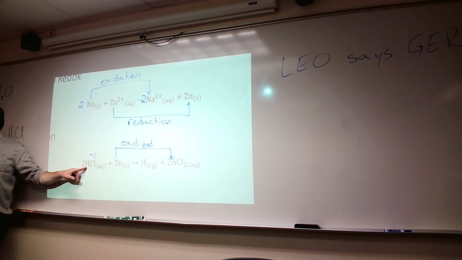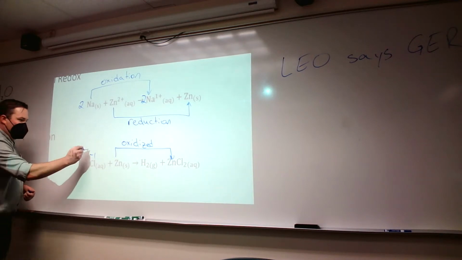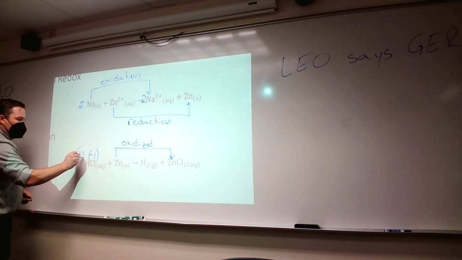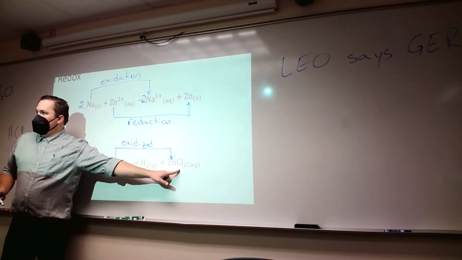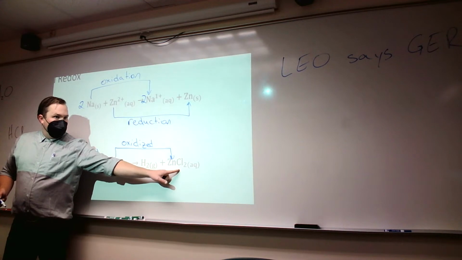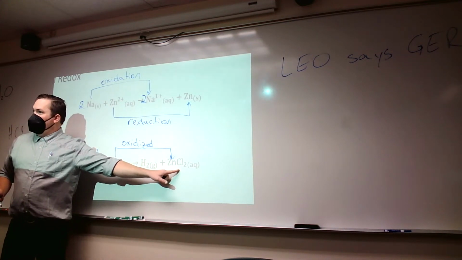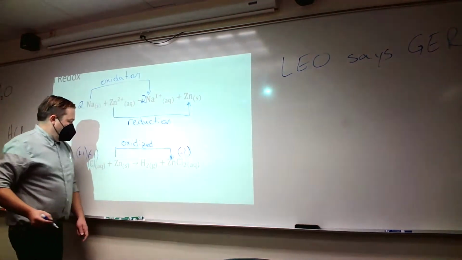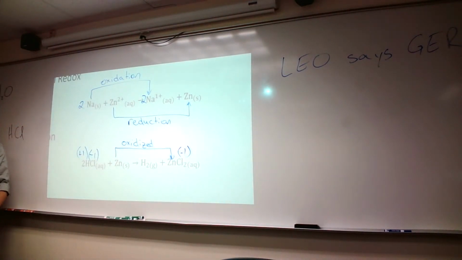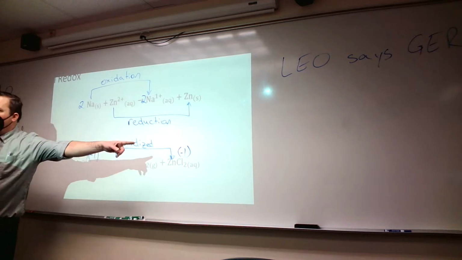Hydrogen therefore has to be plus 1. What's the charge on chloride here? Minus 1. Still minus 1, right? So did the chloride change? No. So the chloride was neither oxidized nor reduced. Nothing changed. Its charge is the same on both sides.